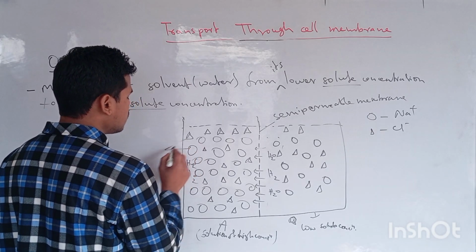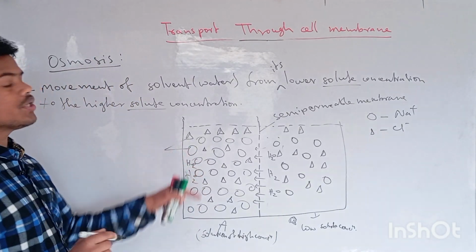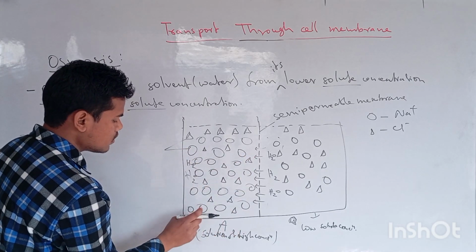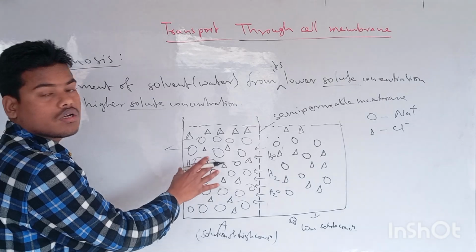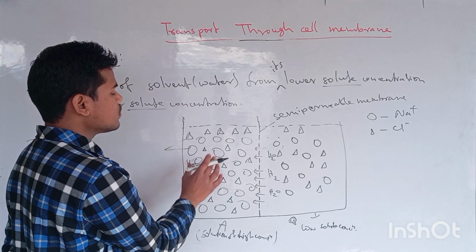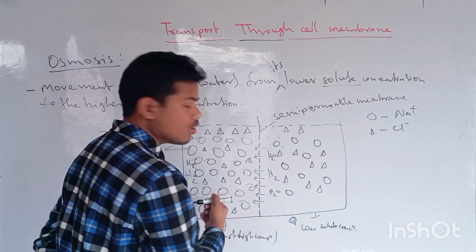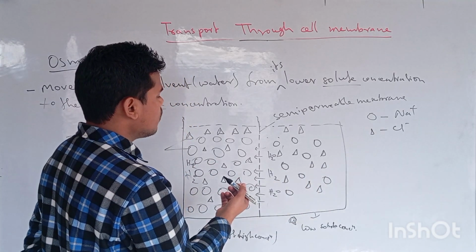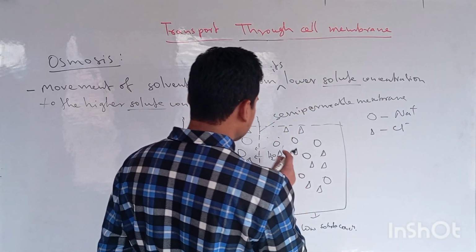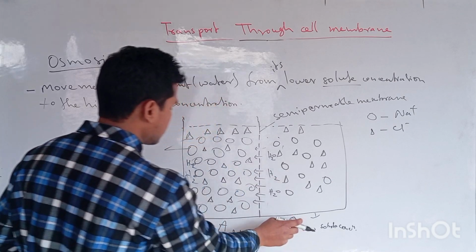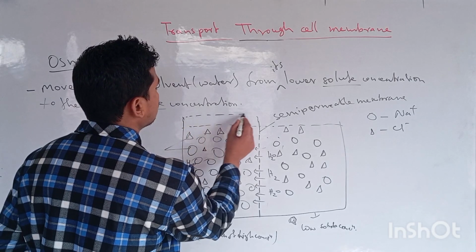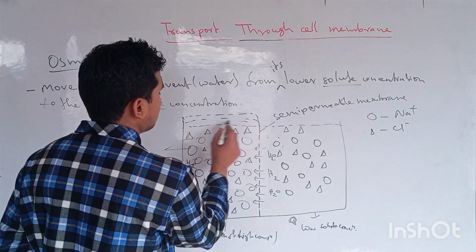These molecules and ions will exert pressure on the wall of this vessel or compartment, and that pressure will lead to the movement of water from compartment B to A, and here the volume will increase.